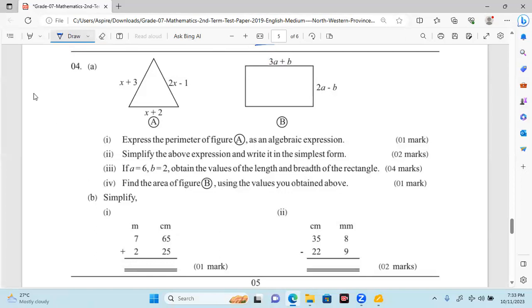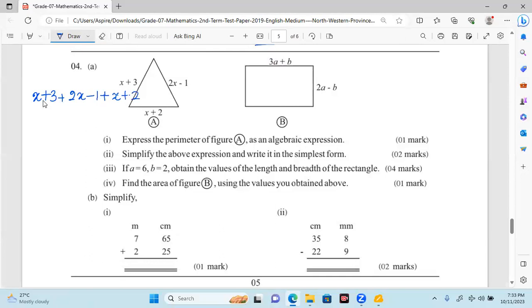Okay. Then it is x add 3 add 2x subtract 1 add x plus 2.